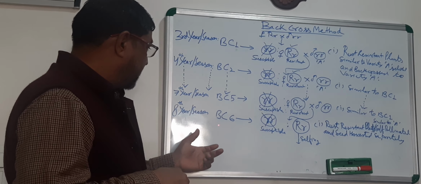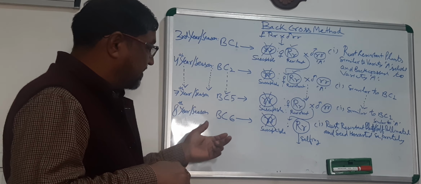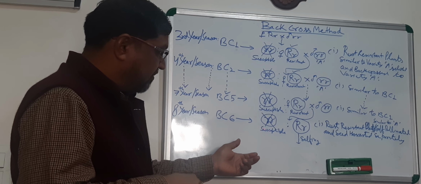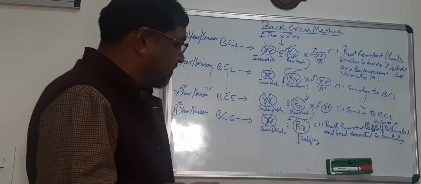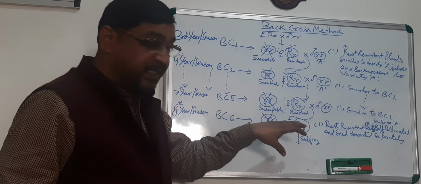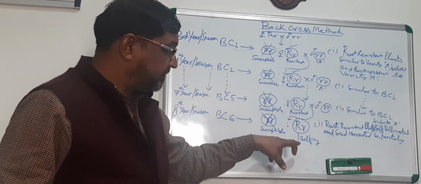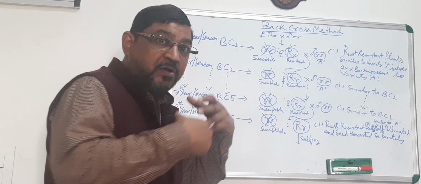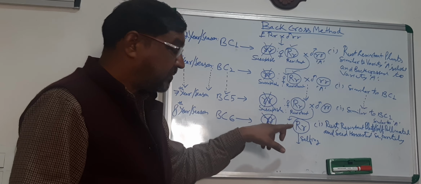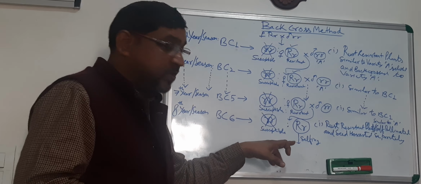You are going to get the BC6 generation in that season. You are growing the BC6 generation. 50% plants are susceptible, 50% plants are resistant. Now you are selecting the resistant plant here, most close to your recurrent parent.